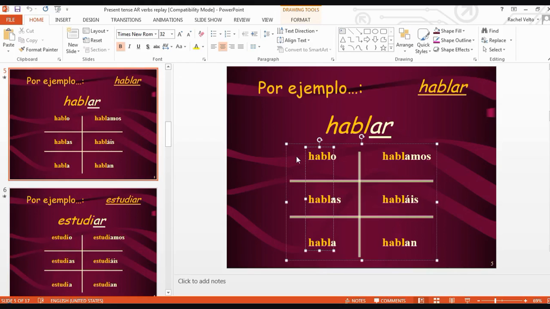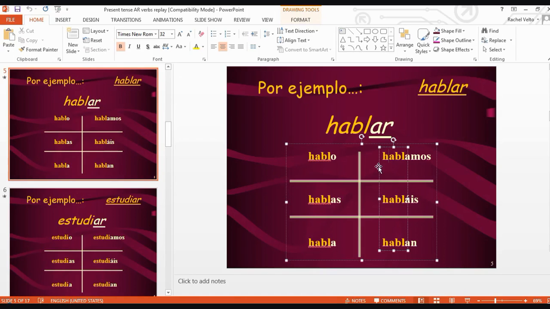So to say I speak, you'll say yo hablo with an O on the end. The tú form, the you form, like you, my friend, speak, is always the second box. It's tú hablas with an AS. He or she or you formal speak or speaks is the bottom left box, and this is habla, so it would sound like él habla, he speaks; ella habla, she speaks; or usted habla, you speak.